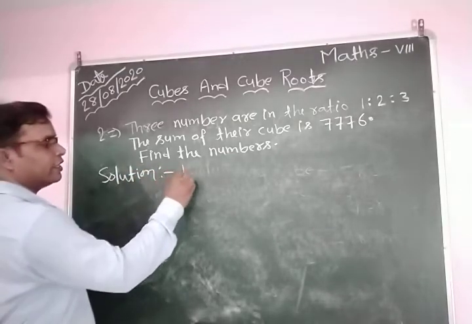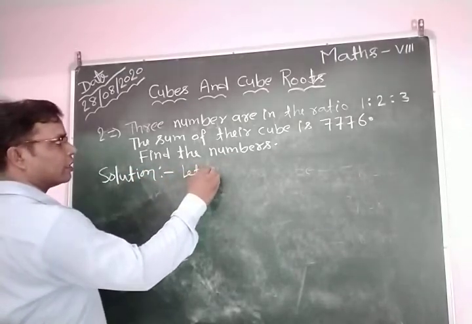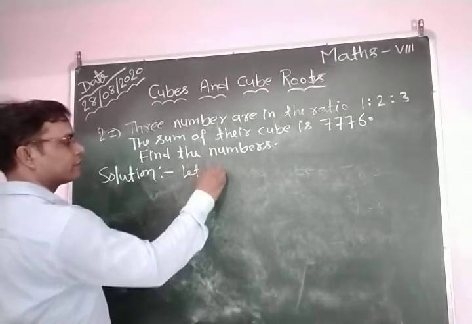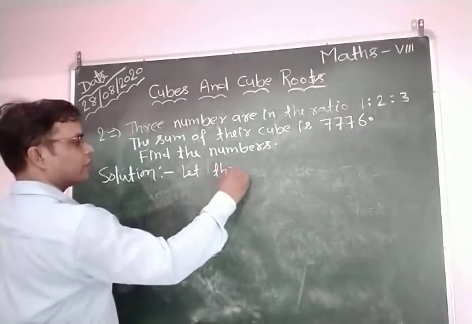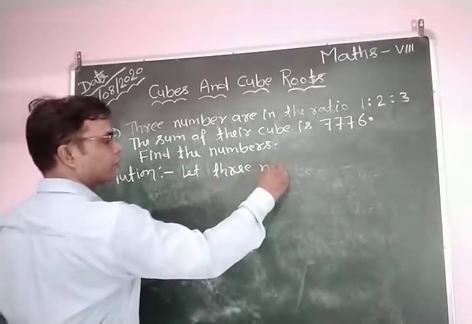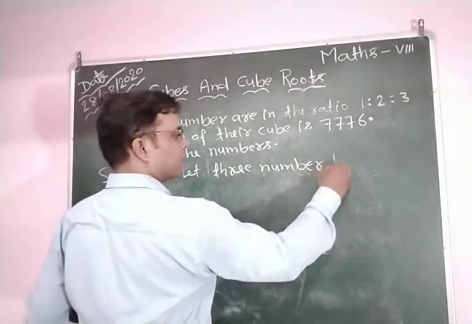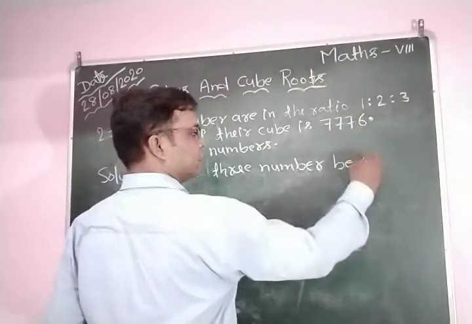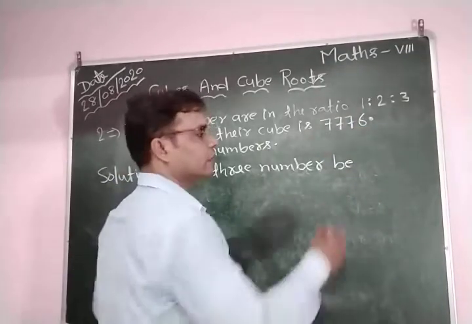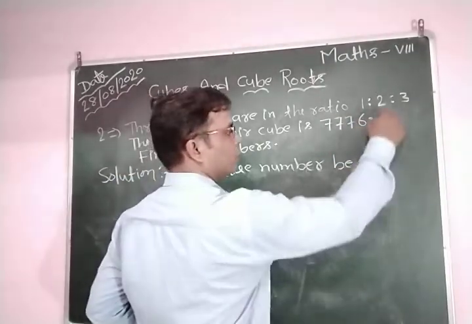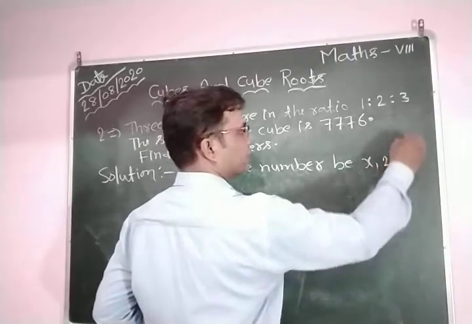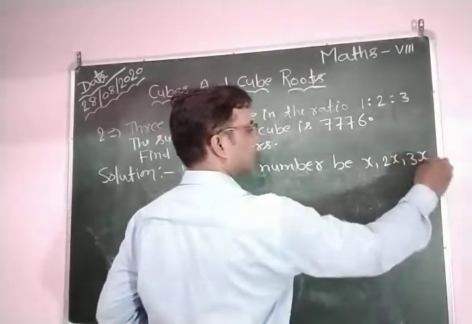Okay, let the three numbers be x, you can say 1x, this is 2x, this is 3x.